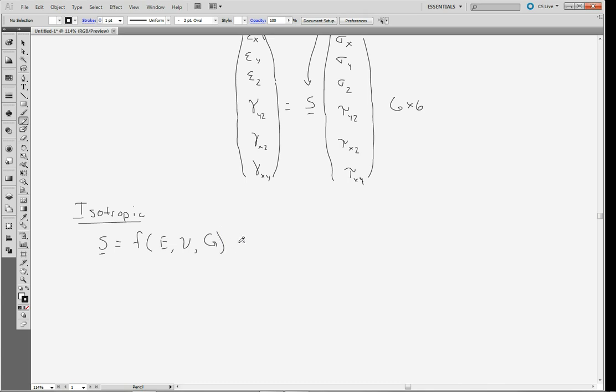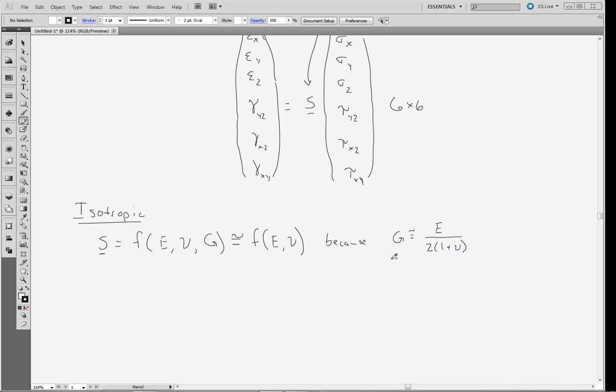But it actually simplifies down to being just a function of the elastic modulus and Poisson's ratio, and this is because the shear modulus G for an isotropic material is approximately equal to the elastic modulus divided by 2 times (1 plus Poisson's ratio).